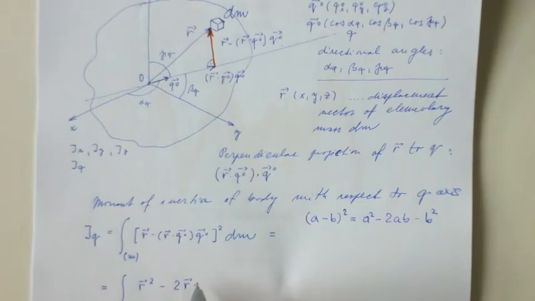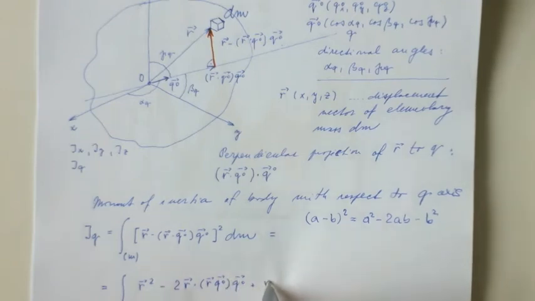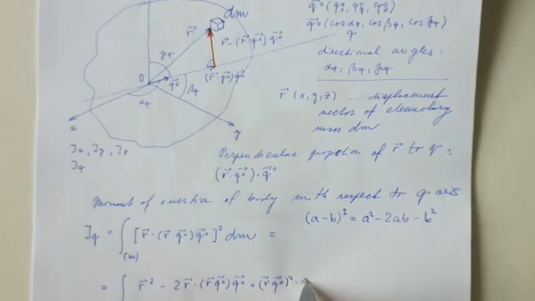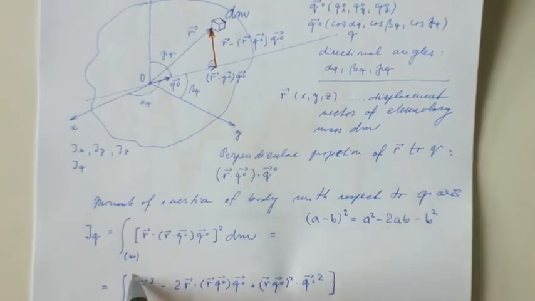So it is r by q0 by q0, plus this powered to 2. So it is r by q square by q0 square dm.